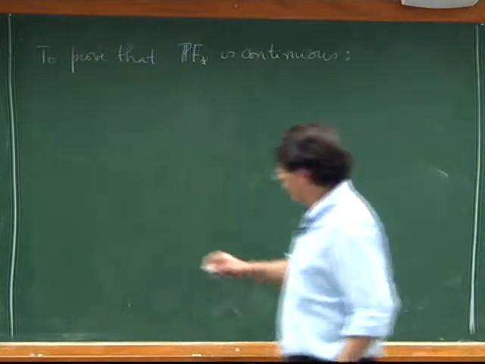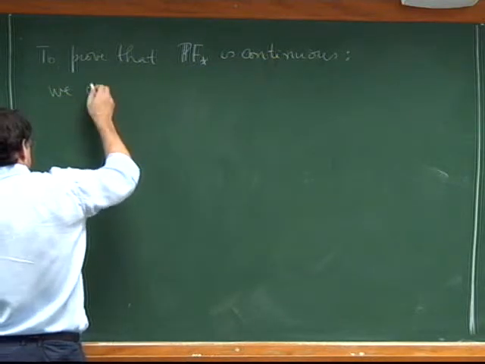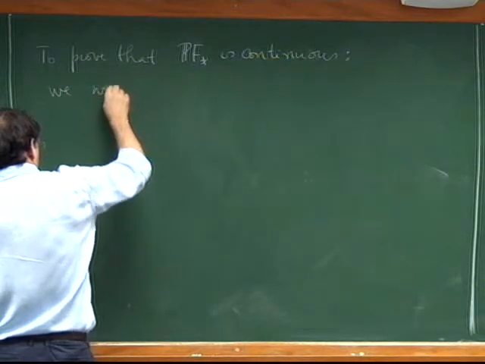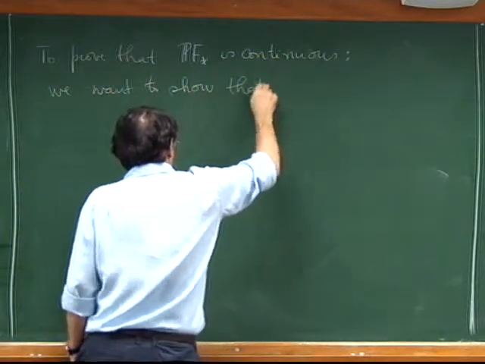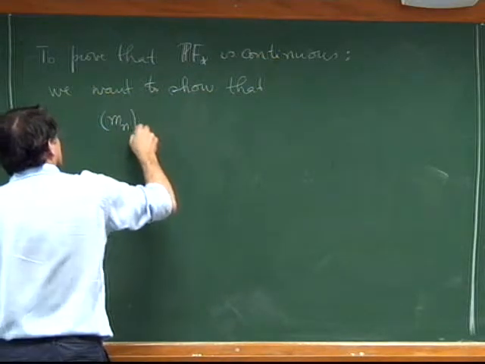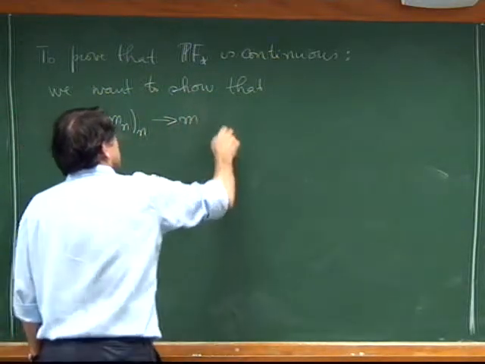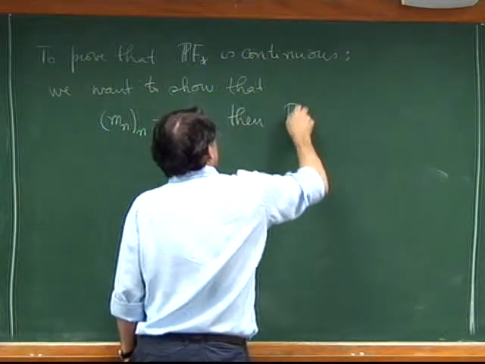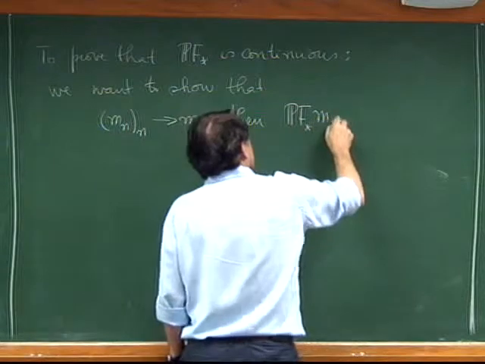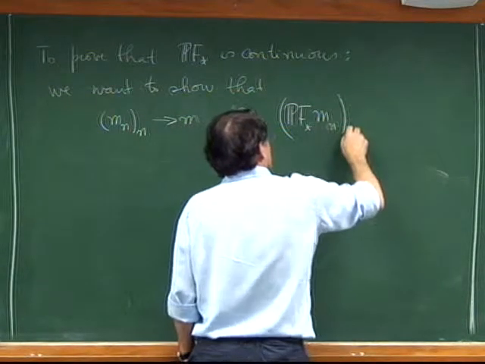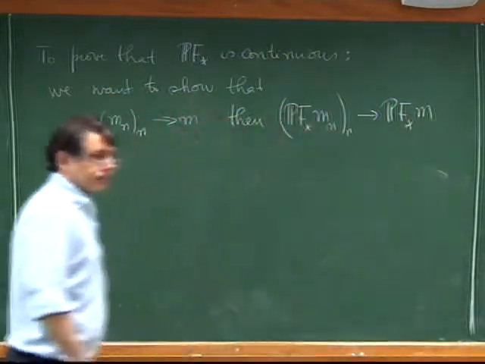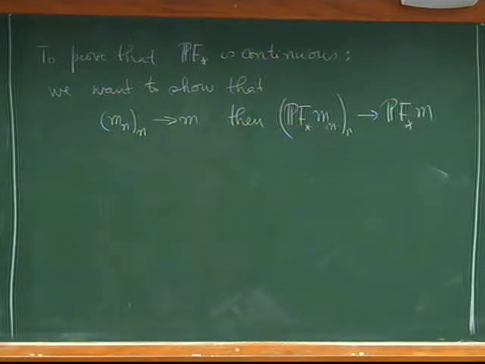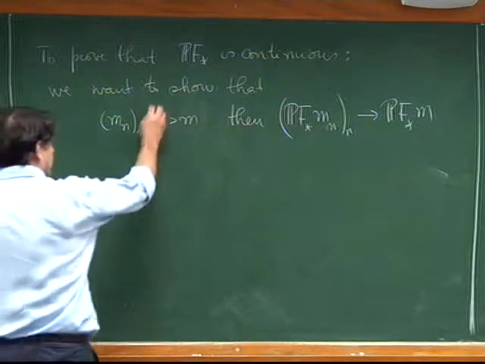So we want to show that if Mn converges to M, then Pf star of Mn converges to Pf star of M. Continuity in the weak star topology. This weak star.